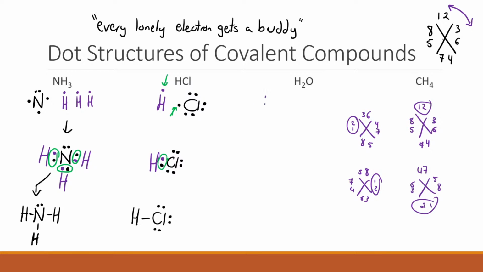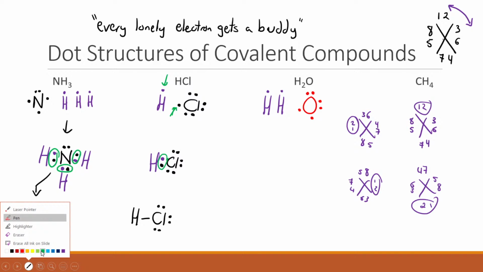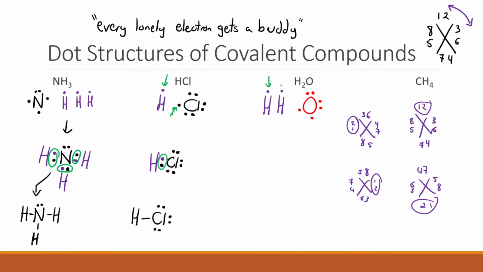If we come over here and take a peek at water, I'm going to use red for oxygen because I want to do that again later. Oxygen has 6 valence electrons, which are going to come through looking like this. Here again, if we go to point out our lonely electrons, we are going to have to try to buddy all of these electrons so that everyone is happy.